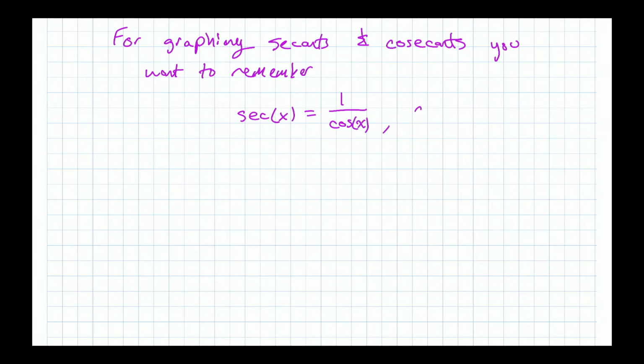And you want to remember that the cosecant of x is simply 1 over the sine of x. That's really the most important thing to remember, because when you're graphing these, you basically just graph the cosine or the sine and then know how it's related to the secant or the cosecant.